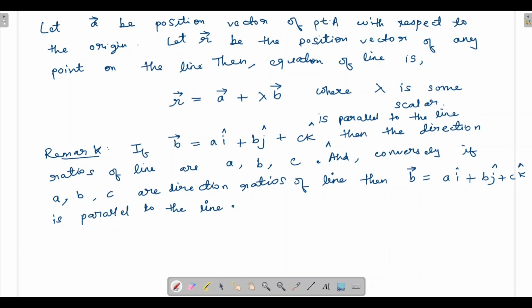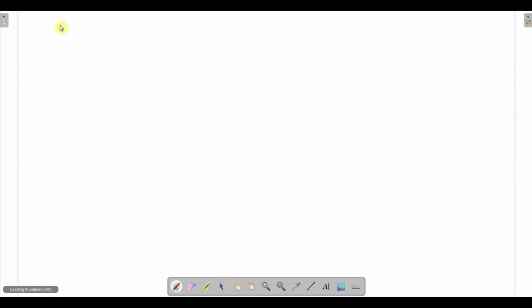Now let us look at the Cartesian form of the equation of line.